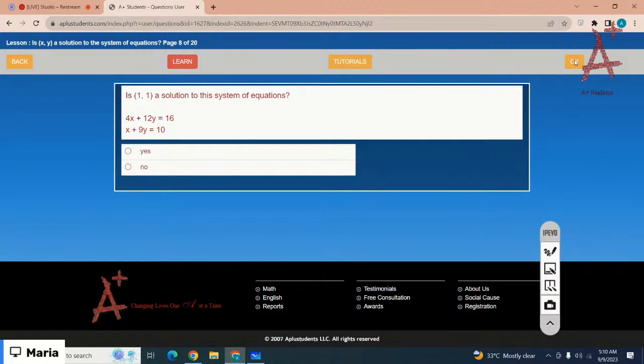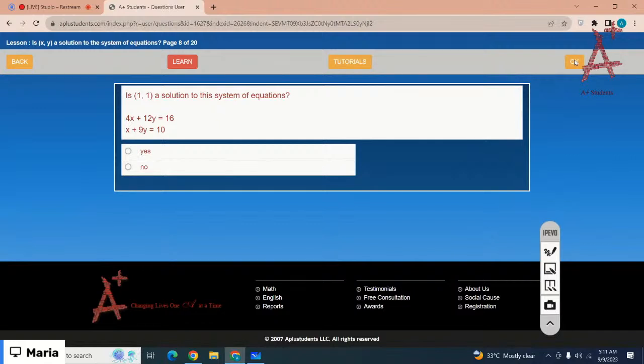Okay, is (1, 1) a solution of the system of equations?